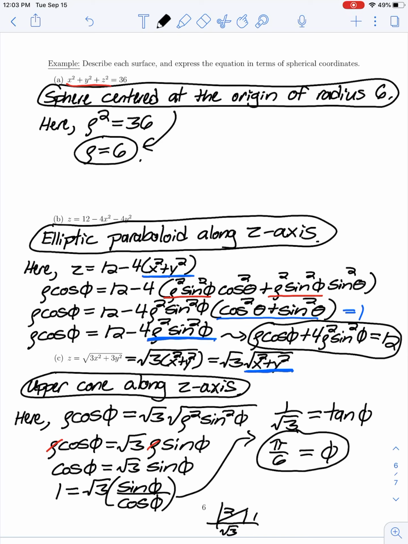So here we see that for spheres or for cones or portions of cones, we can easily represent these things by using spherical coordinates because we have just a constant value of rho or a constant value of phi. And this is something that will be very useful later in our course when we start talking about integrating functions in 3 dimensions or integrating vector functions in 3D.